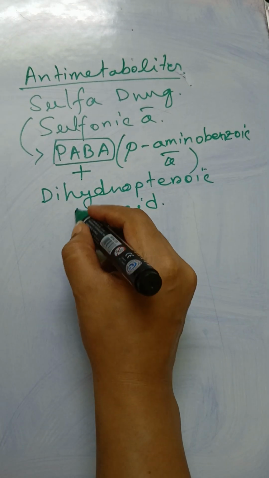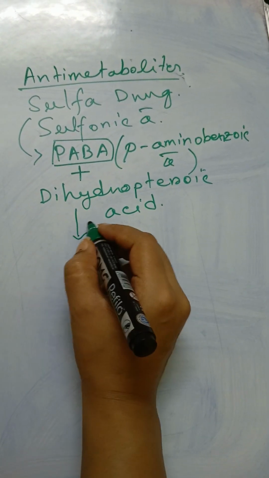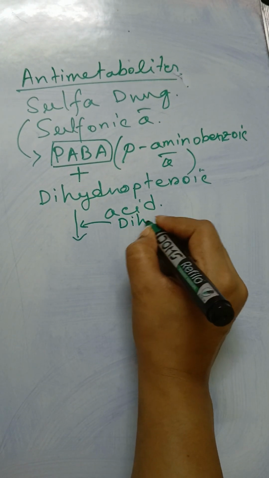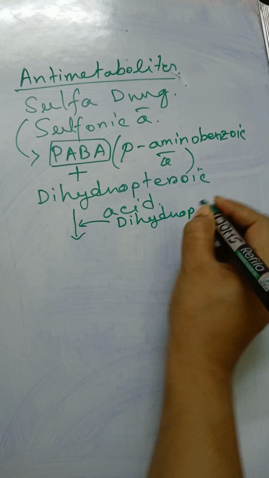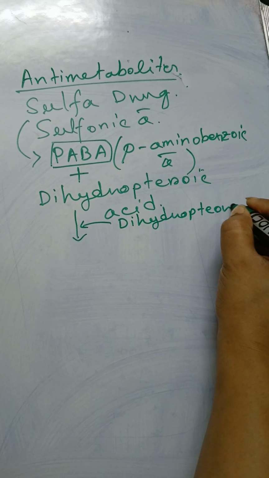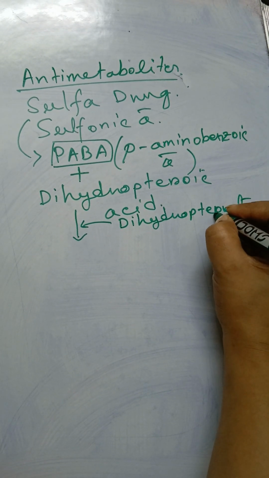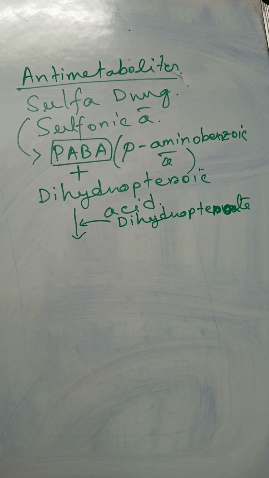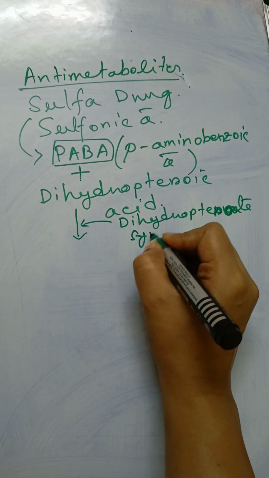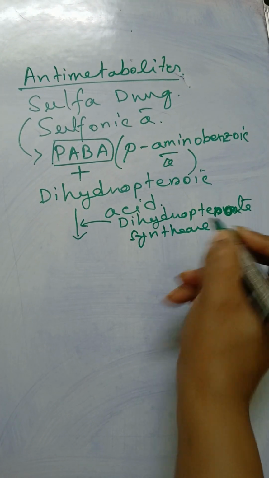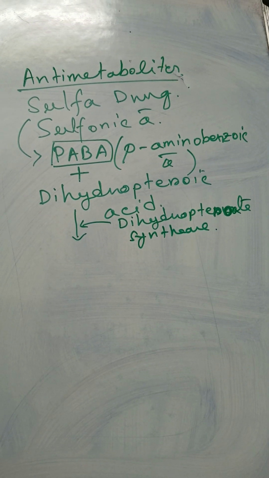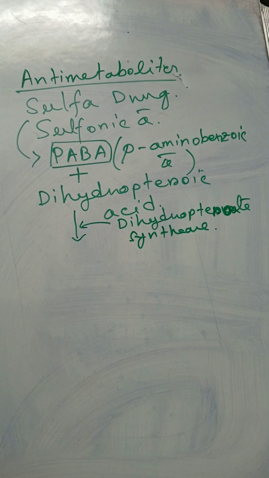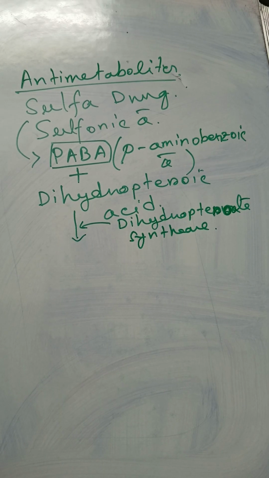Now this condensation reaction is catalyzed by one enzyme, which is known as dihydropteroate synthase. Dihydropteroate synthase is the main enzyme for the condensation of these two building blocks of folic acid.